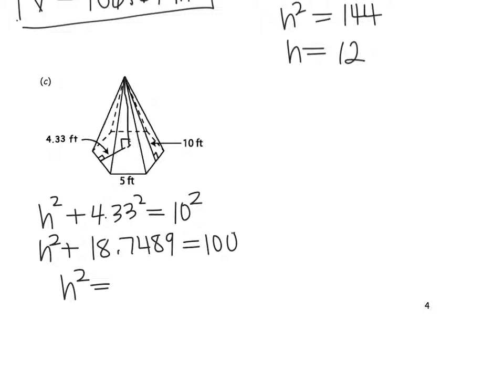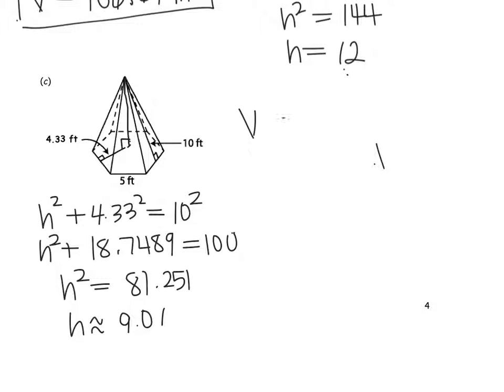When we subtract the 18.7489, we end up with h squared equals 81.2511, which means that our height is approximately 9.01.